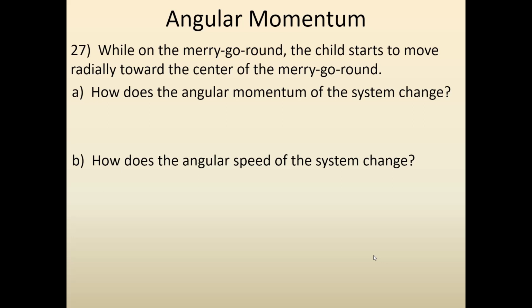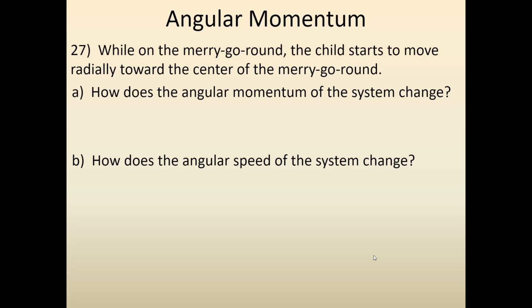A lot of people will think that because the person's not leaving the merry-go-round and not acting perpendicular to the motion, they're just moving radially inward, there must not be any change in the angular momentum. But that's not actually the case.